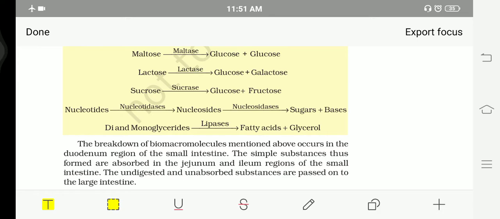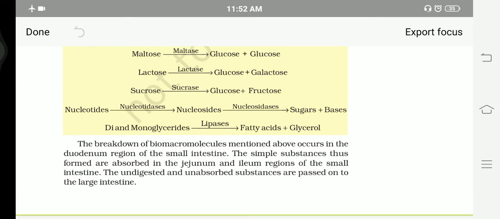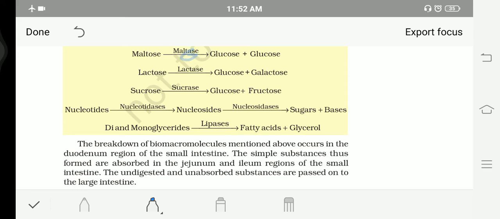Already I discussed that the pancreatic carbohydrase enzyme, pancreatic amylase, breaks down the remaining starch or glycogen of carbohydrate into maltose. When maltose is formed in the small intestine, the maltase enzyme breaks down the maltose and gives two molecules of glucose. Then lactase breaks down lactose and gives one molecule of glucose and another molecule of galactose.